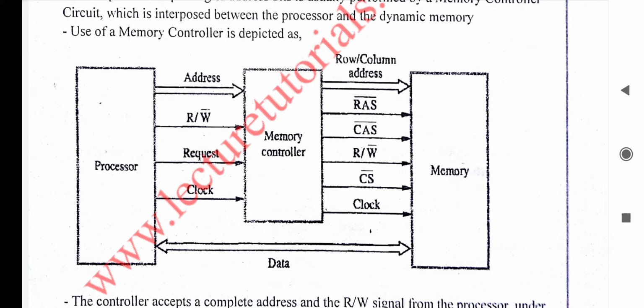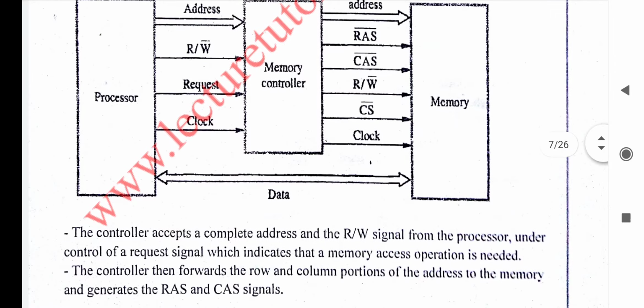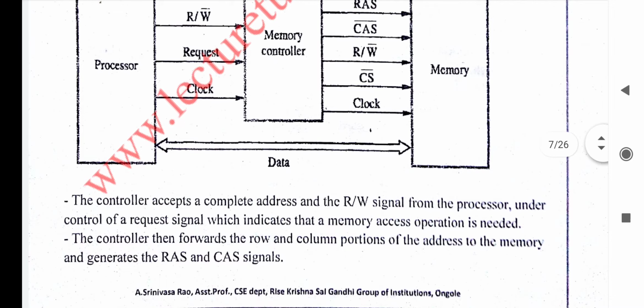These are the connections between the memory controller and the memory. See what the roles of those are. In between the processor and the memory, we have a memory controller.